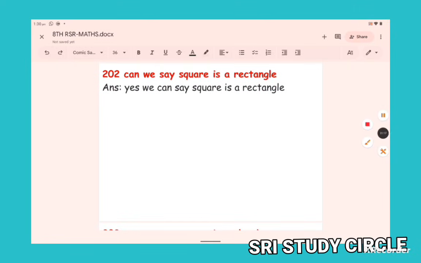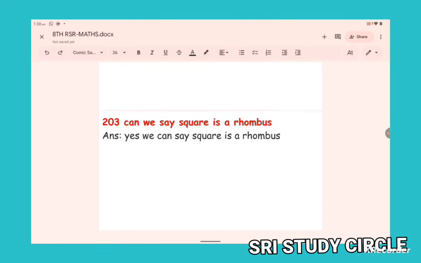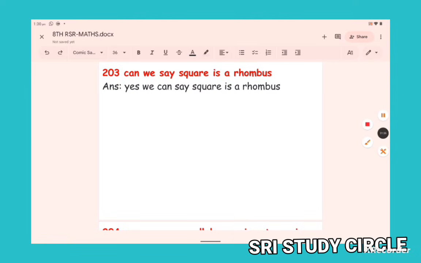Can we say a square is a rectangle? Yes, every square is a rectangle. Can we say a square is a rhombus? Yes, a square is a rhombus.